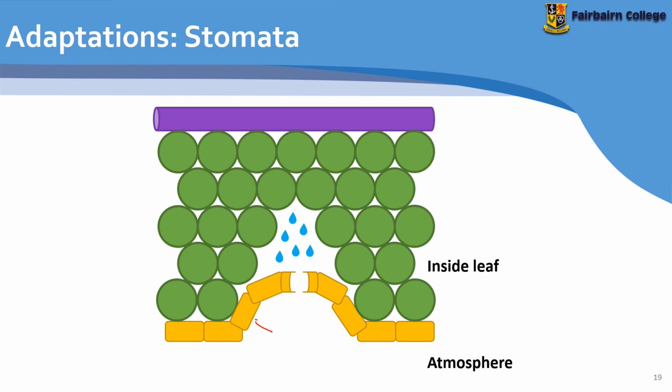So usually this sunken stomata will also have epidermal hairs, and this is then going to trap that water that evaporates in this cavity, which will then reduce the diffusion gradient, reducing the rate of transpiration.